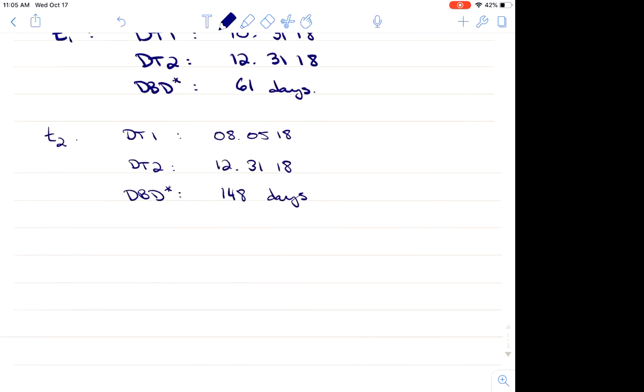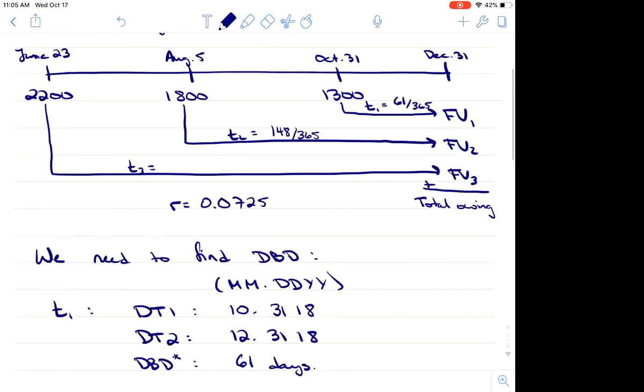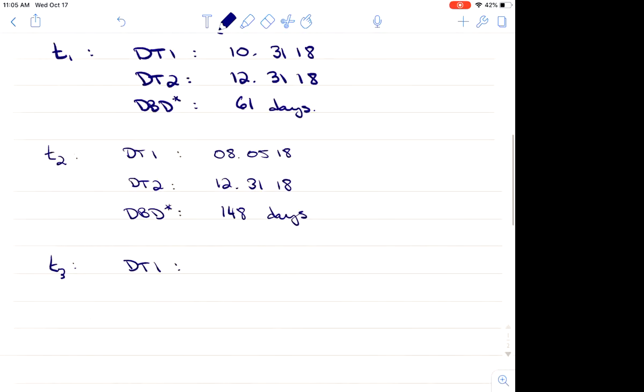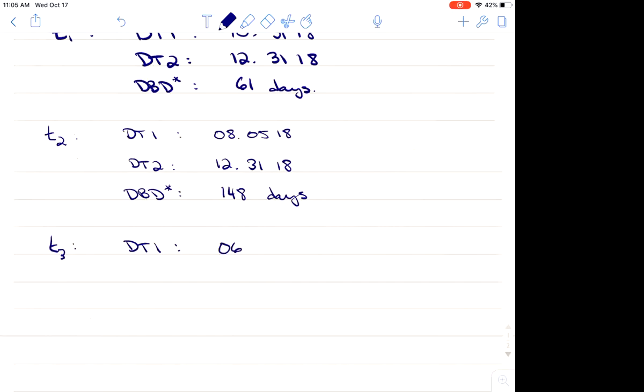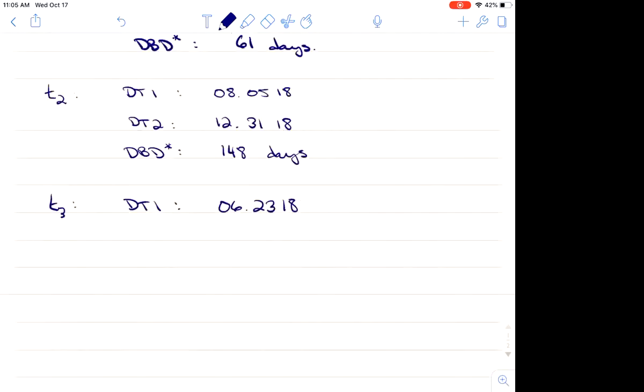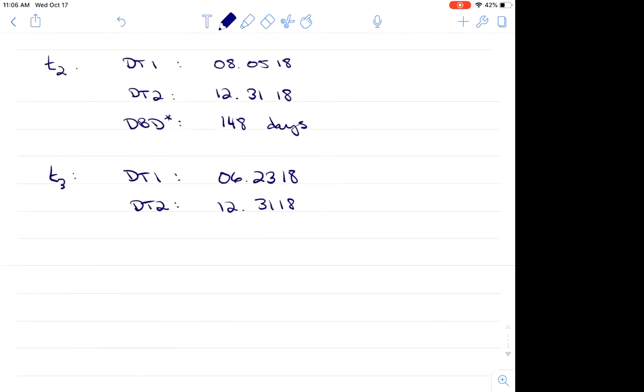Same thing for T3. Date 1 is the only thing that's changing, really. June 23rd. So that's got to be 06.2318. Date 2 is still 12.3118. And we want to find the days between these dates. So I'm still in the date menu, right?